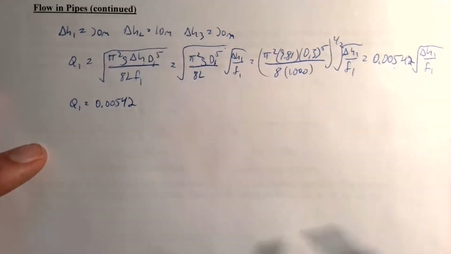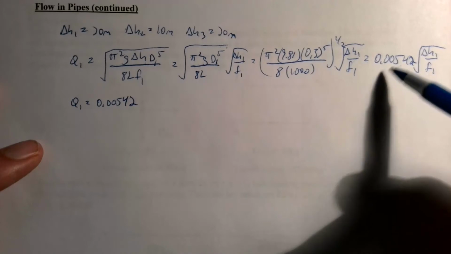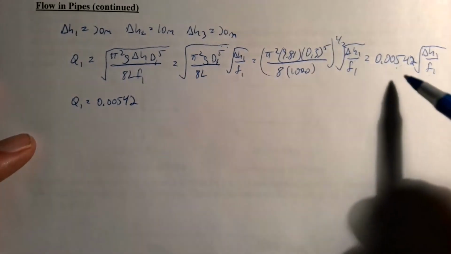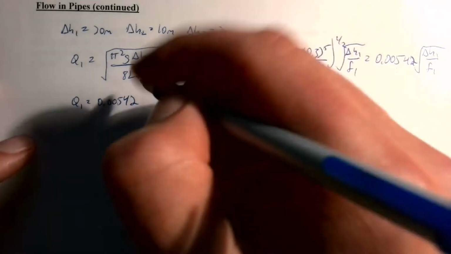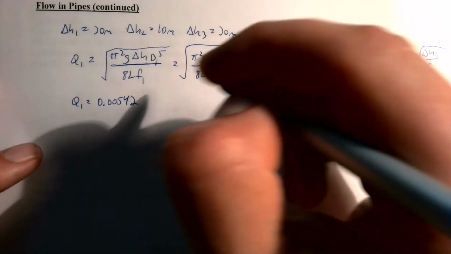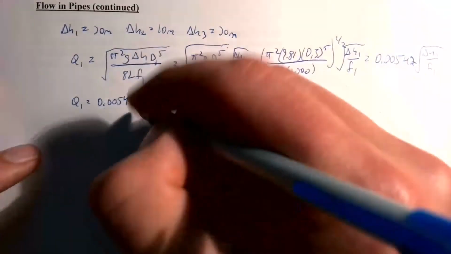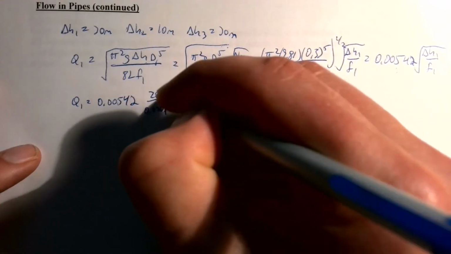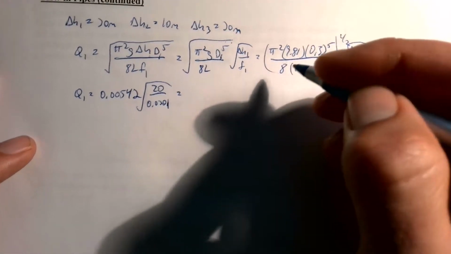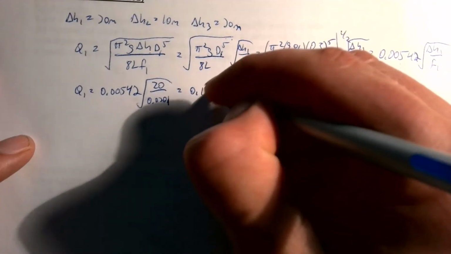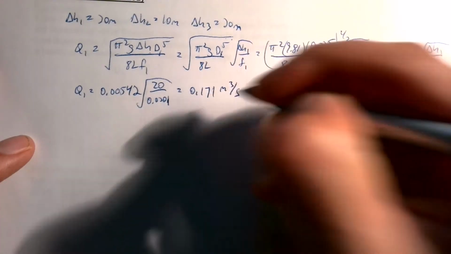We're going to have to do this again and again to get it right, so it's convenient to save time by just coming up with a number. So 0.00542 times 20 over F1, which was 0.0201, square rooted, gives me 0.171, and the units are meters cubed per second.